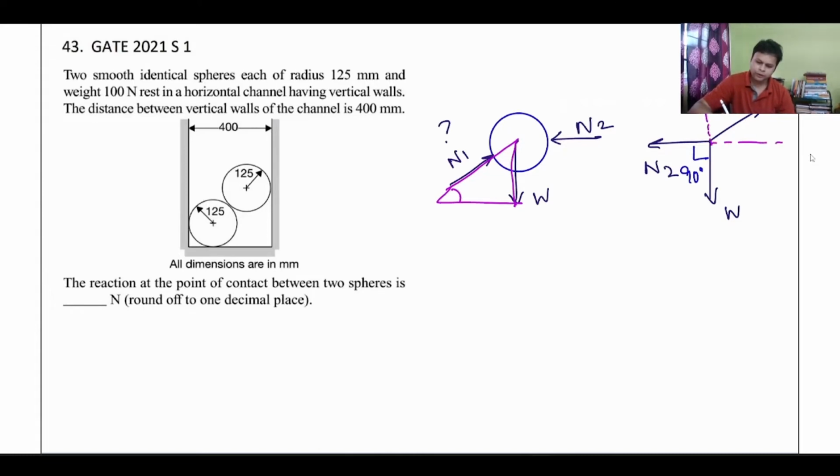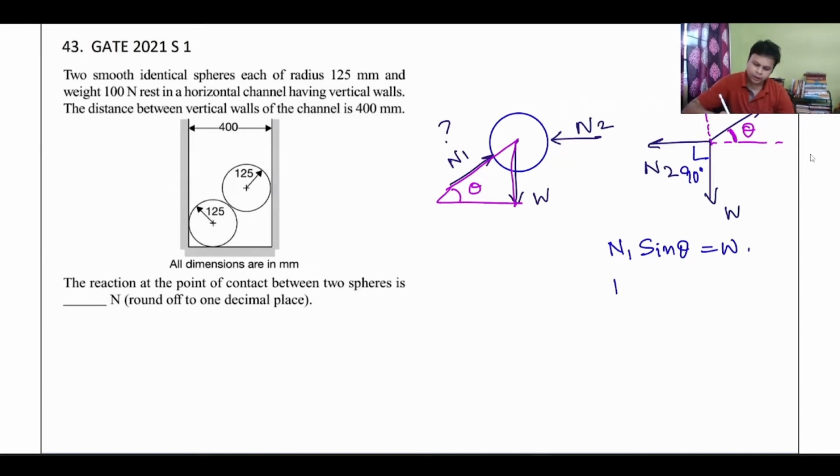So if I can find out this angle, let me say this angle is theta. Basically, the equation that I can write is N1 sine theta is equal to W.